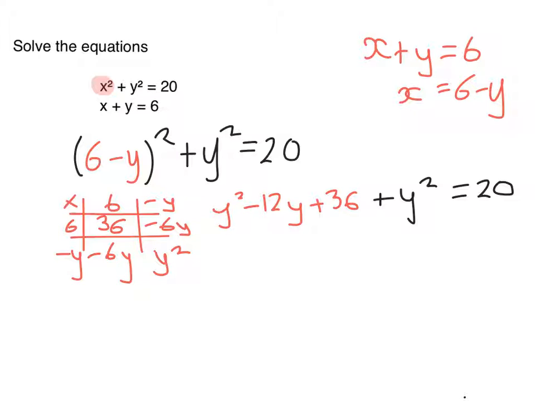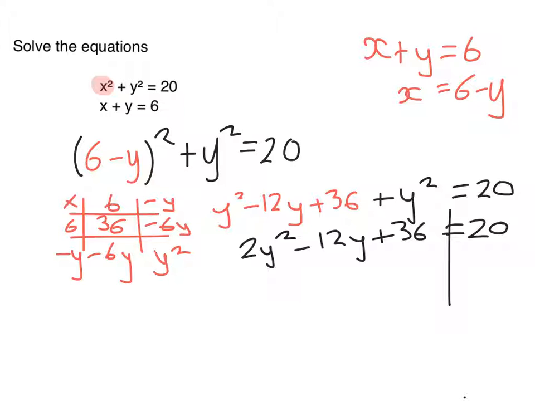Simplify this and get it equal to 0, because we've got a squared, so it is a big hint that we're going to have to factorise into double brackets at some point. So y squared add y squared is 2y squared, minus 12y plus 36 is equal to 20.